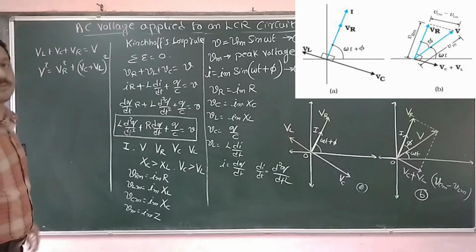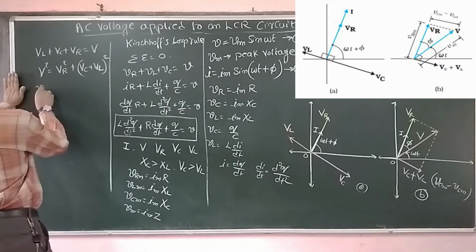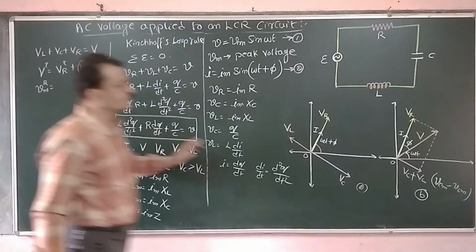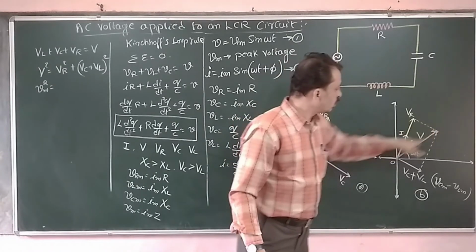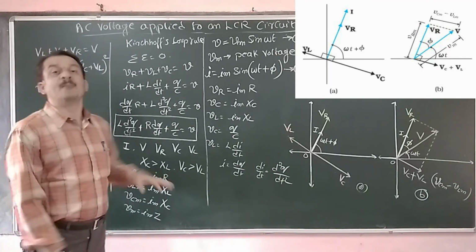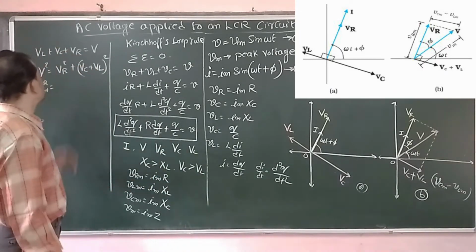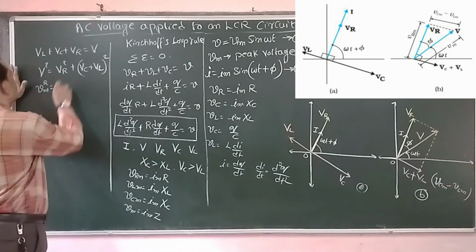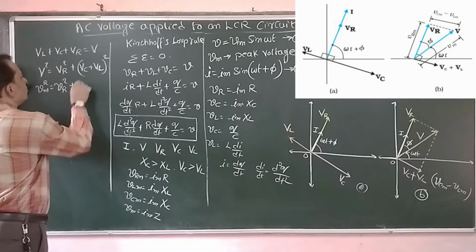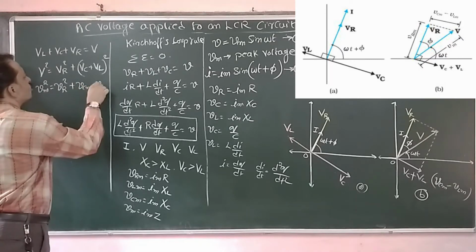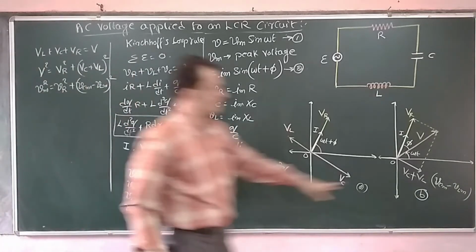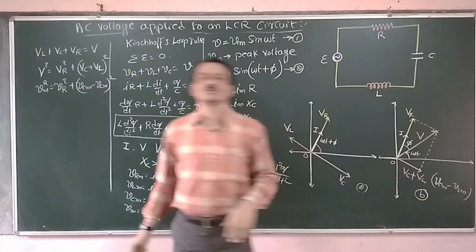If you write in terms of magnitude, Vm square, where Vm is the magnitude or the amplitude of the applied voltage phasor, is equal to Vr square plus VCM minus VLM whole square. Now this is the resultant of the two.